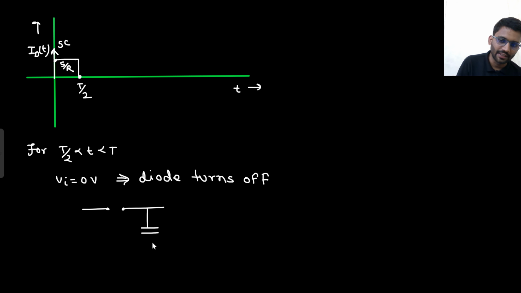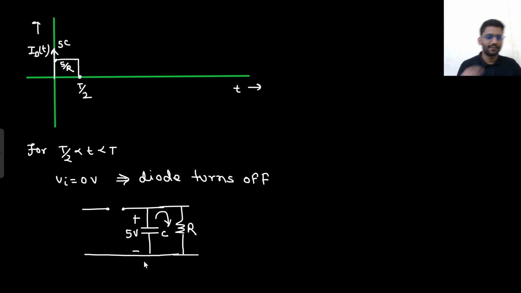Now the capacitor is charged to 5 volt. And in the output there is a resistance R. Now what will happen? This 5 volt will try to discharge, right? So let's assume this is the V0 waveform. How will your V0 waveform look like?